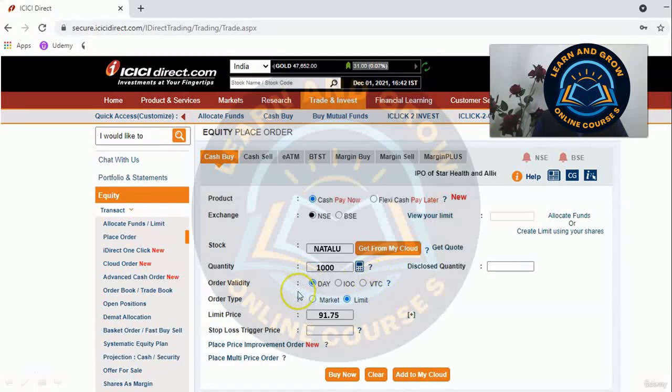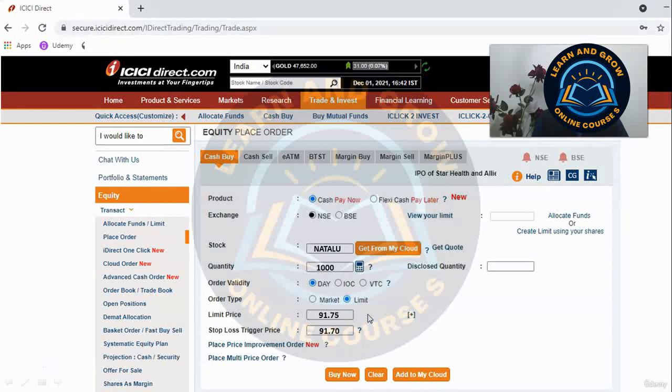Alright, so we have understood these things. I have placed a limit of 91.75 and I also place a stop loss trigger price of 91.7. Please listen carefully now. Try and understand this. You see, I know the price at the moment is around 89.